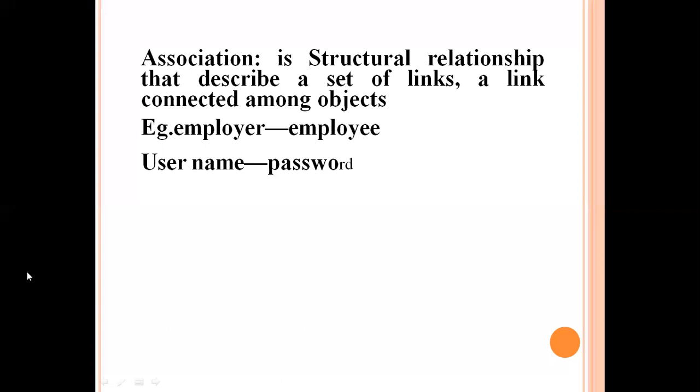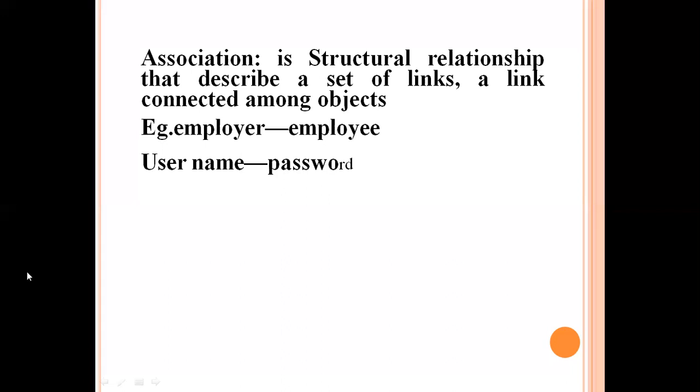Many to many association means, suppose there are different types of colleges: BTech college, degree college, and diploma college. There are different types of colleges and different types of students. The colleges are associated with students.